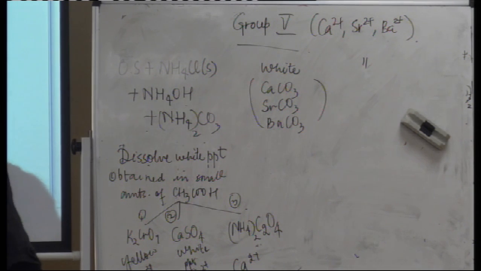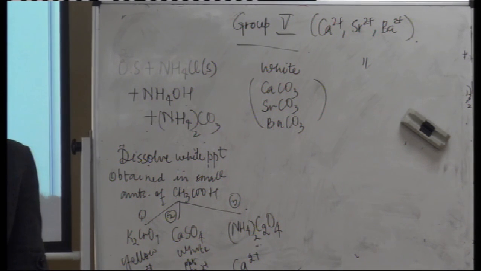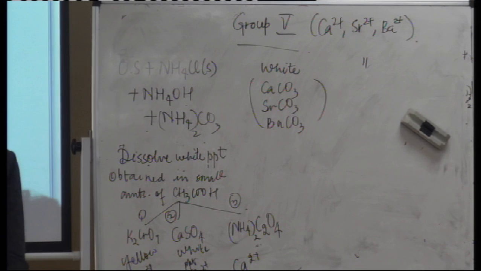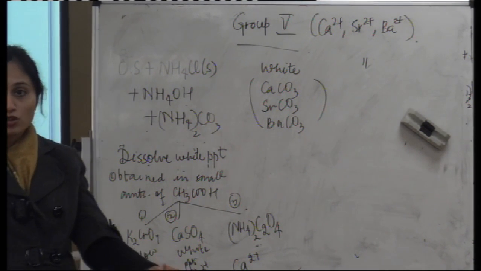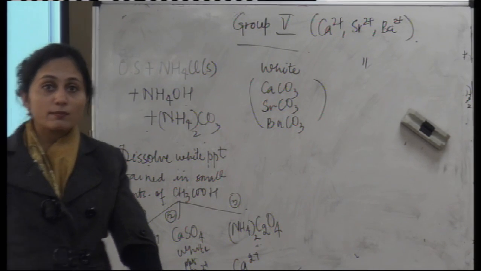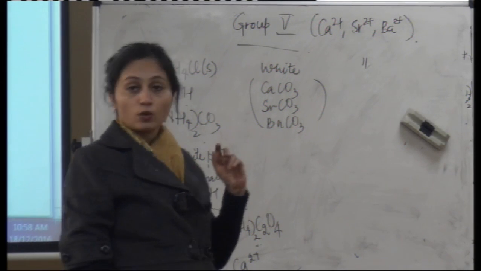I repeat, group 5, one of the easiest, but simultaneously has to be done carefully. Why? Because we are dealing with the white precipitates here, and the salt is also white in color. In this case, what we basically have is, we have our original solution.